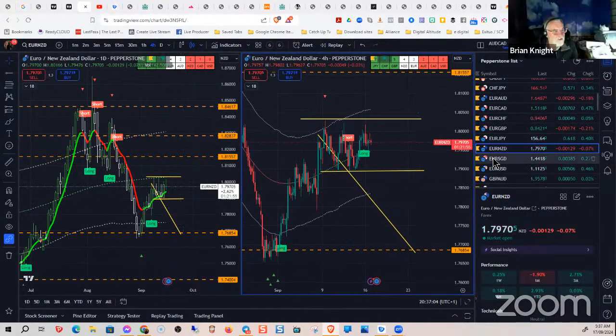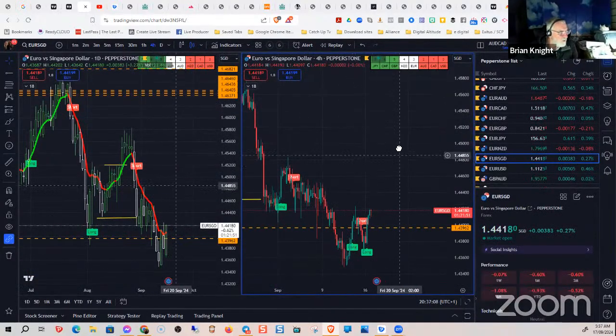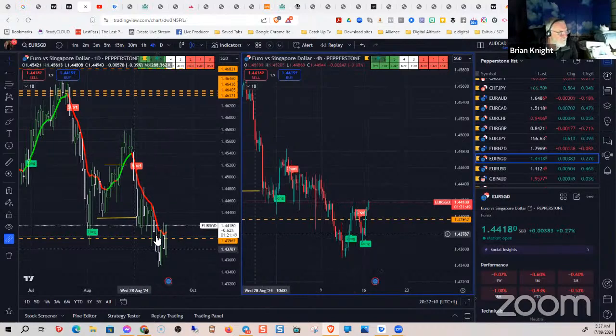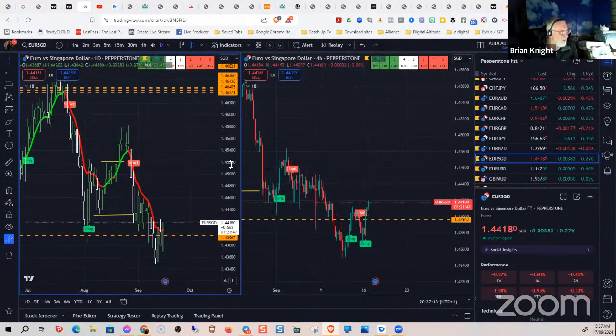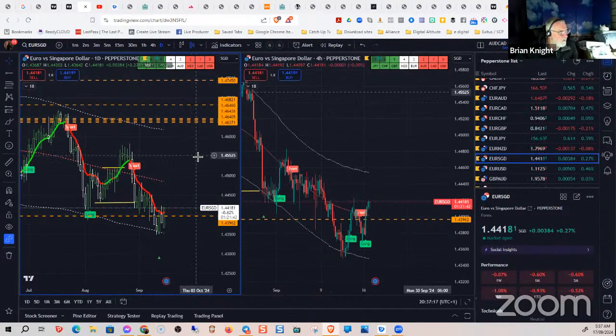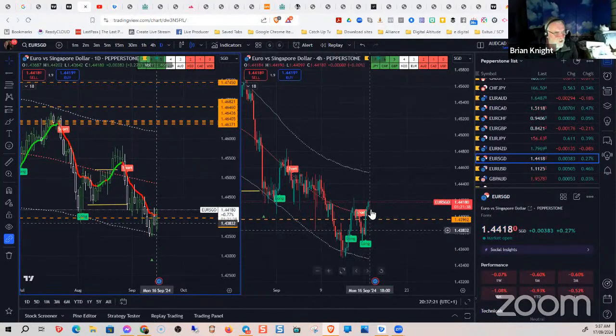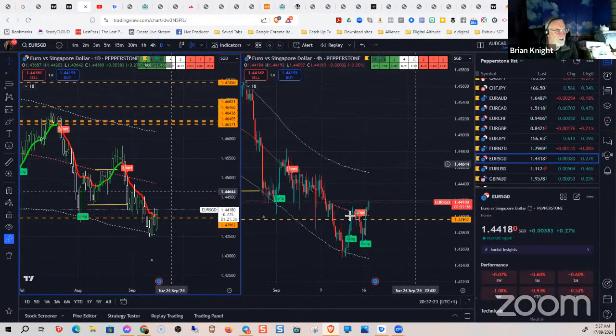Yeah, correct. Euro Singapore. Again, a lot of choppiness going on. I think on the daily it's out. I'm waiting for a long on this. So we've got a long, short, long, just again, it's dancing around.